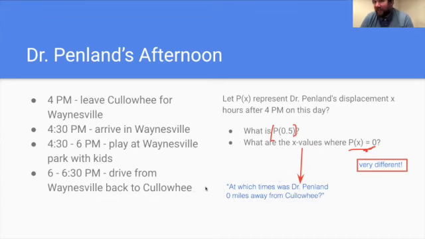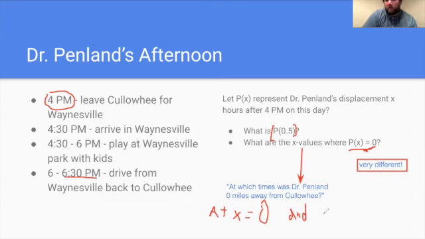And depending on how technical you want to get with measurements, this is obviously something we're doing on kind of a rough level, but definitely at 4 p.m. I was in Cullowhee, so at x equals 0, because again, x is hours after 4 p.m. and I'm back in Cullowhee at 6:30 p.m. So that's at x equals 2.5. That's an x, not a t.